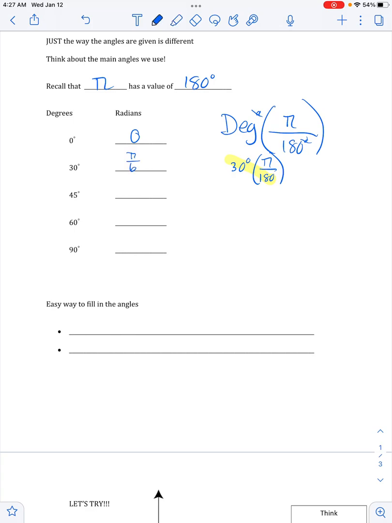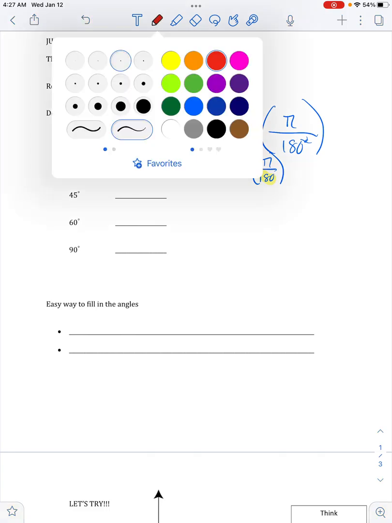So we call that pi over 6. Now think about it. If you want to look at it this way, this is true. Pi is the same as 180. So is it true that 180, because I can replace pi with its equivalent, over 6 would be 30? Yeah. So pi over 6 is going to be a super popular one because there's so many places that are 30 degrees apart on our unit circle.